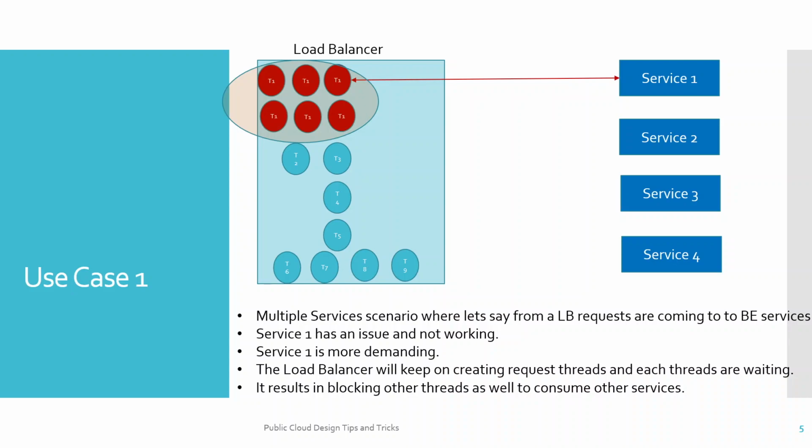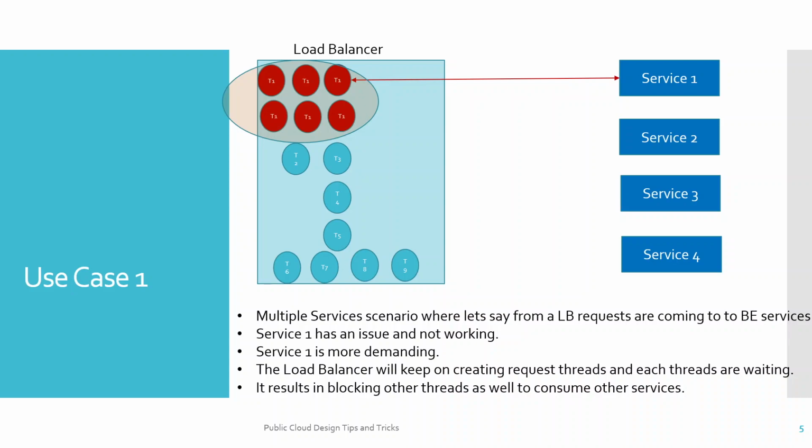The load balancer will keep on creating lots of threads, one for each request. The threads are piling up and service 1 is not responding. So what will happen in this kind of scenario?